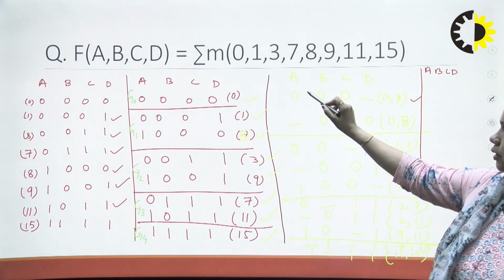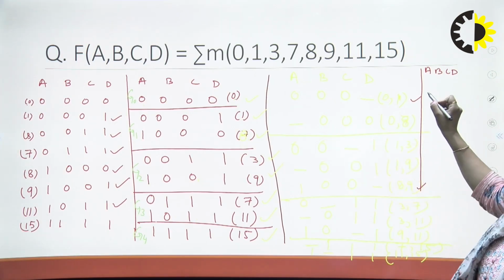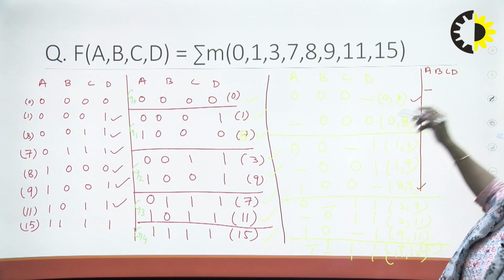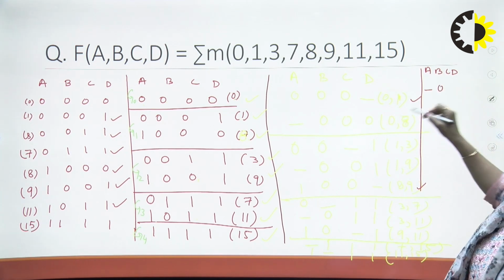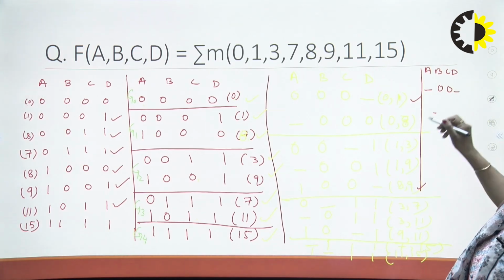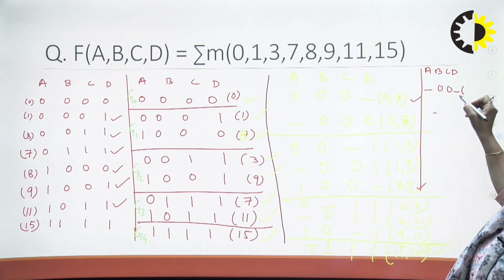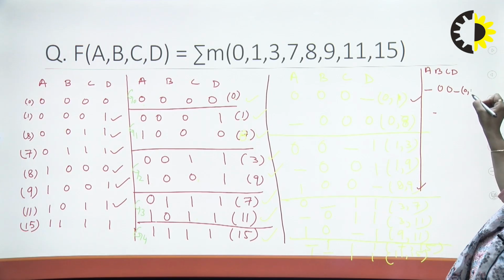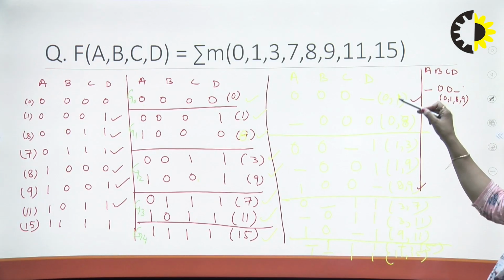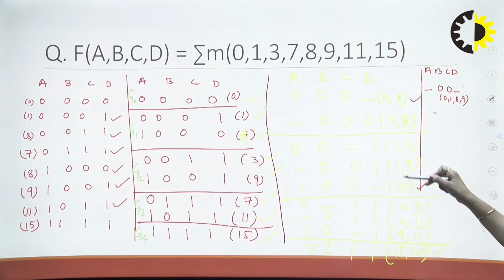The first, it is 0 and 1. This is not matching, so you put dash. Then 0, 0 matching, you write 0. Again 0. And now dash and dash matching, so you write dash. And write the number, it is 0, 1, right? So I have compared. Now you check another. There is no comparison of this 0, 1 again in this group, right?